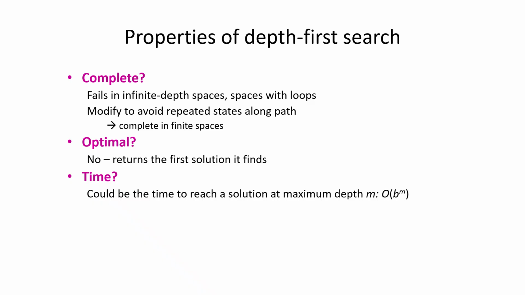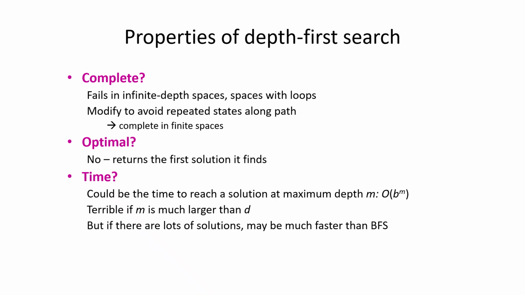This can be very bad if the maximum depth is much larger than the solution depth. But if many solutions exist, DFS may find one quickly, sometimes faster than BFS.